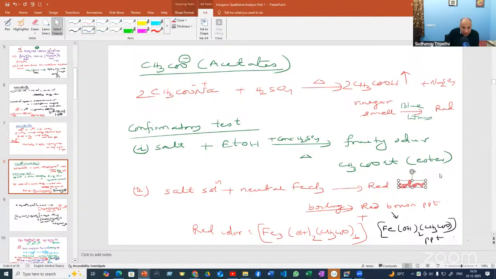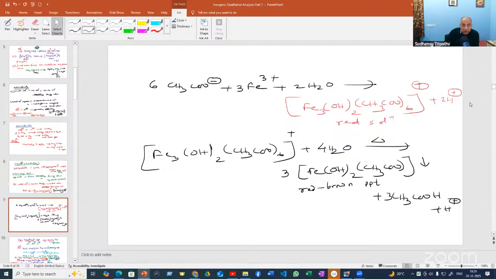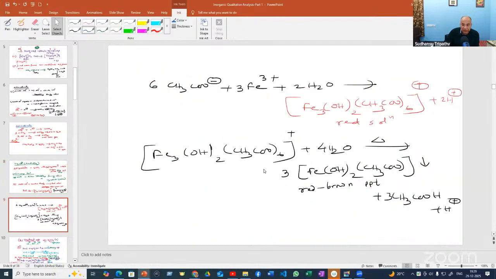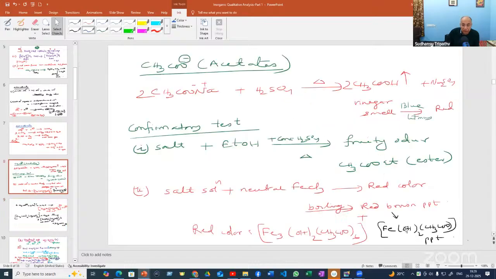Then if you boil that red solution, which is hexacetate, hydrolysis will occur, and this is Fe3. I'm sorry to tell you, this is Fe3. The red color is due to Fe3(OH)2 hexacetate, not Fe.